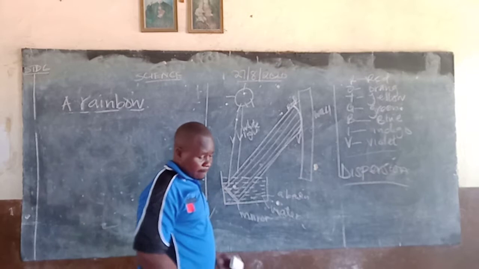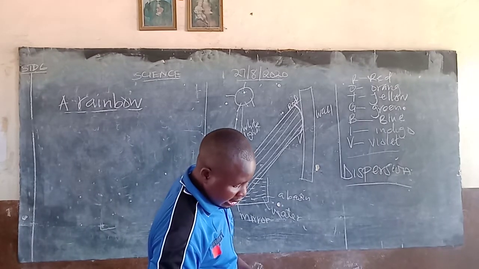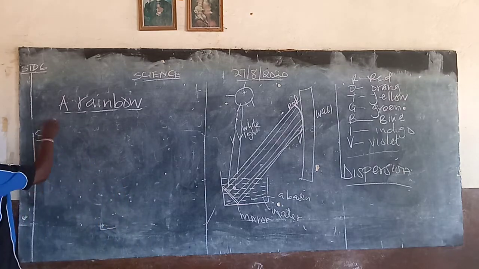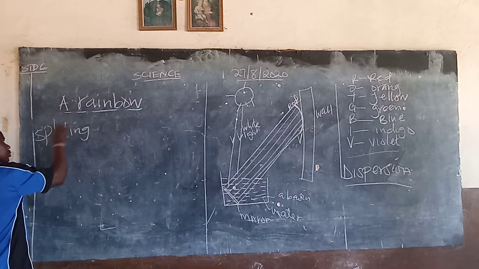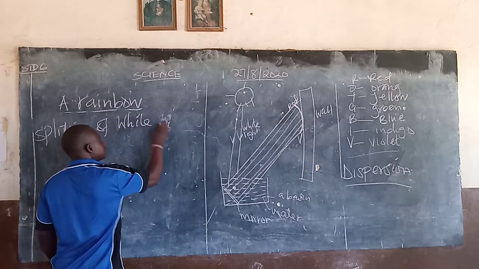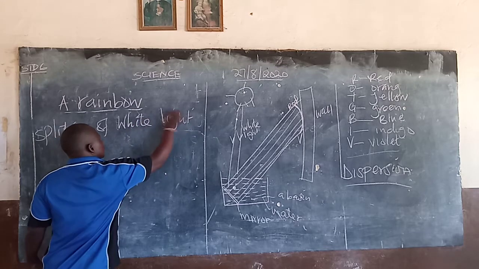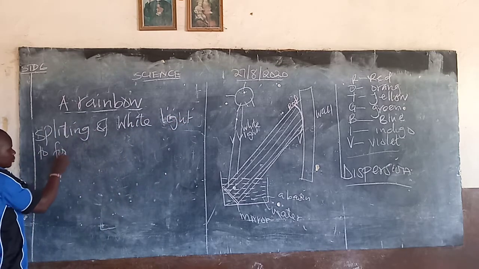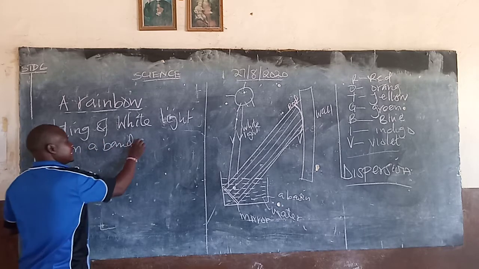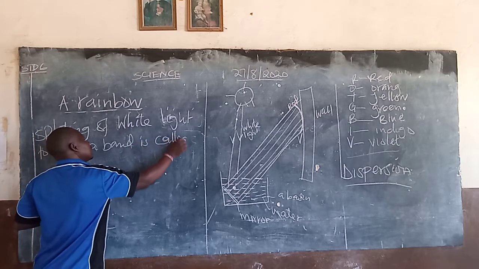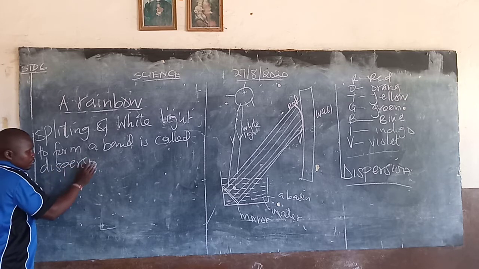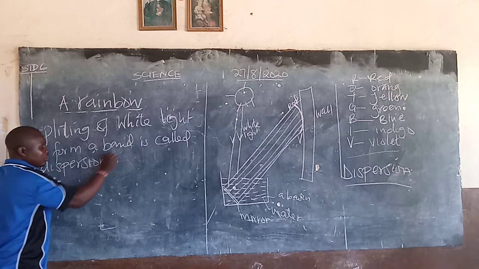So look at this. I want to explain this one. The splitting of white light to form a band is called the dispersion of light.